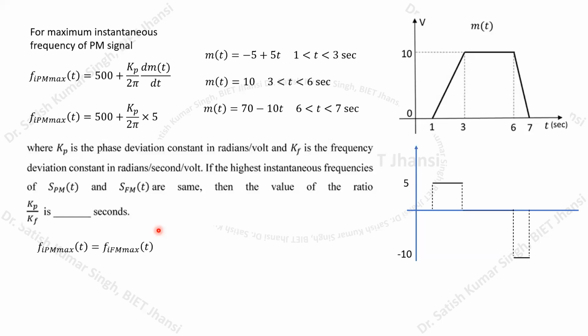Here is the expression for fi PM maximum, and on the previous page we calculated that the other value is kf/2π into 10. Making the substitution in this expression, you will be able to show that the ratio kp/kf comes out as 2 seconds. So this way we can crack this problem.